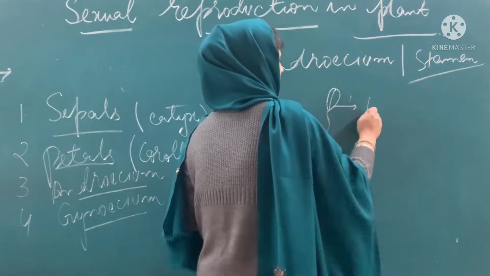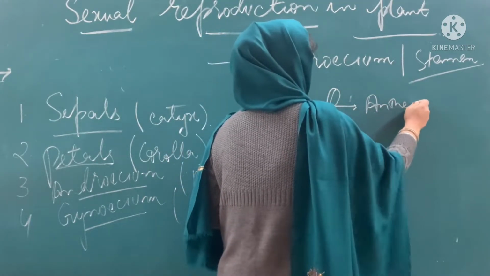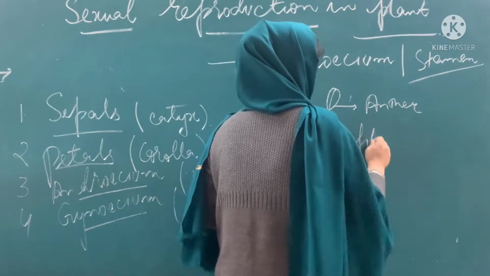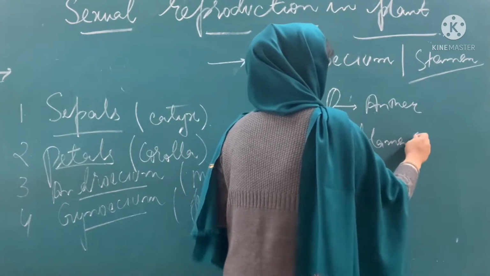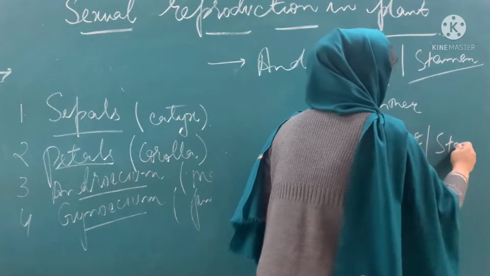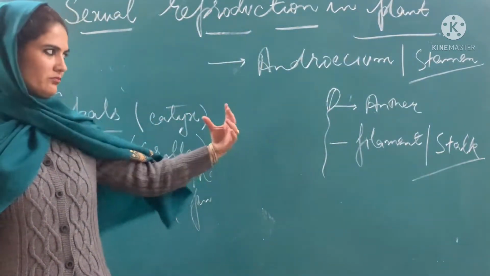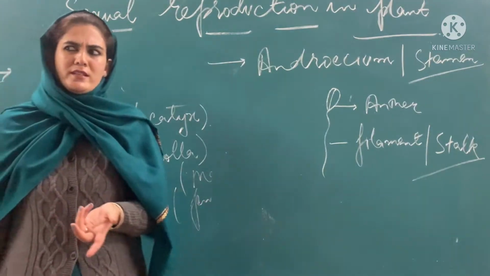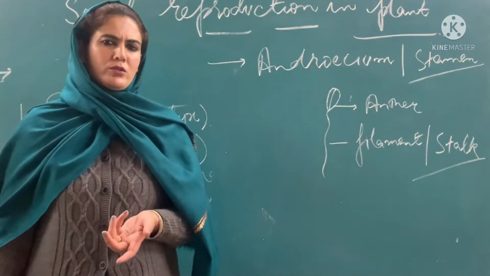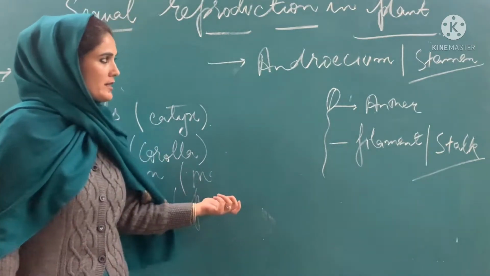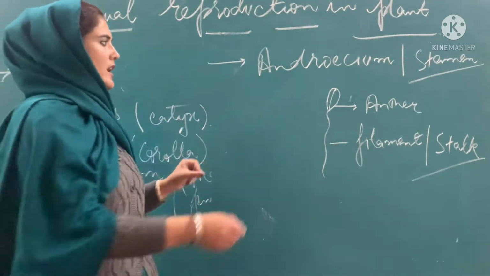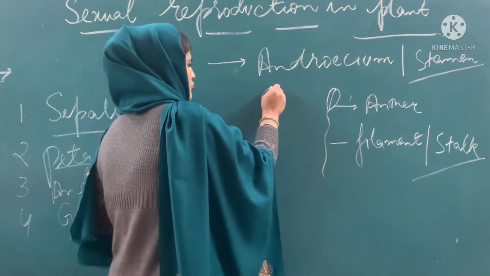This is the anther and this is the filament, or we can call it stalk. You can practically take out these parts in the season of flowers and study them as well. The anther, as I have shown here, is bilobed.